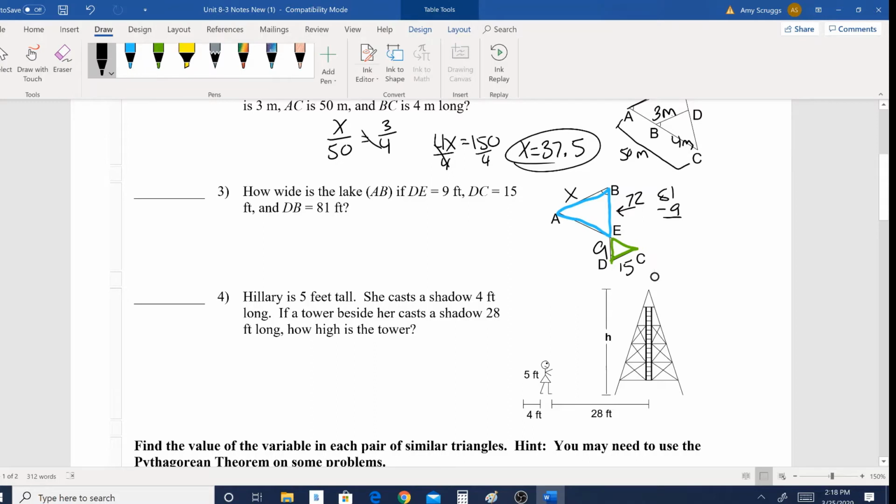I'm actually going to do x over 15 is equal to 72 over 9. And then I'm going to cross multiply. So 9x is equal to 1080. And then if you divide both sides by 9, you get that x is equal to 120. So our lake is 120 feet wide.